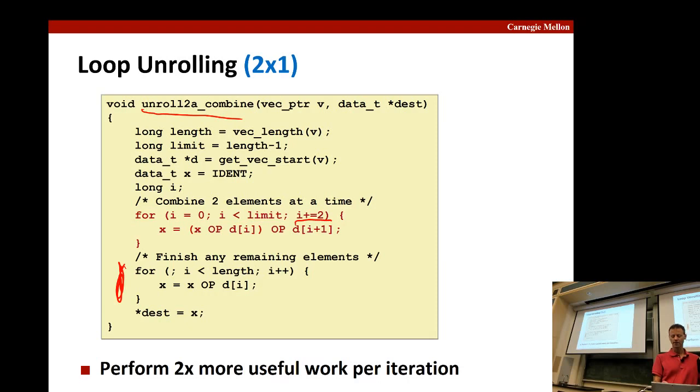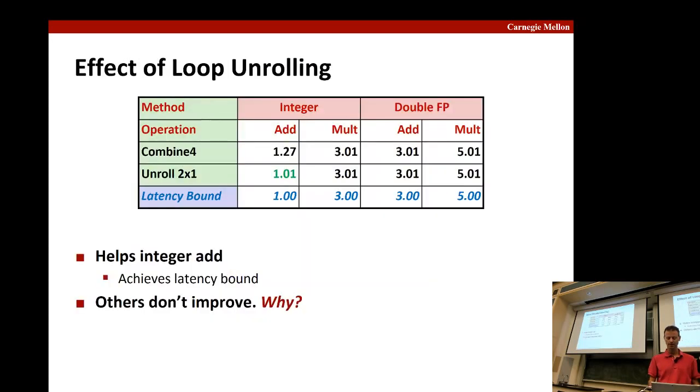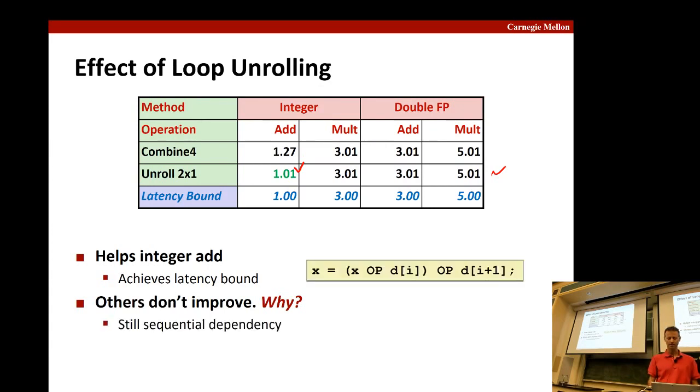But in general, you'll be doing 2 at a time. So you accumulate the first one and the second one. That's not that helpful because you still have this serial dependency. If you look at it, it didn't really help at all. It helped in the add, you got down from 1.27 to 1.01, but you're still serializing.